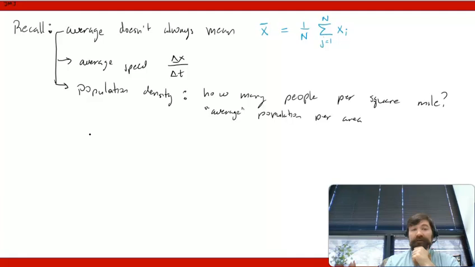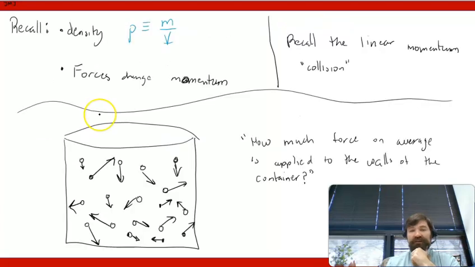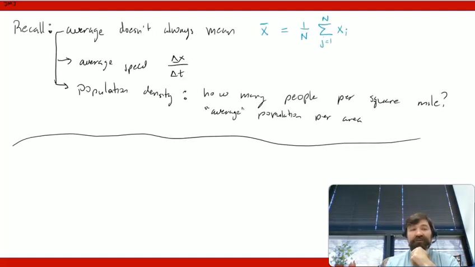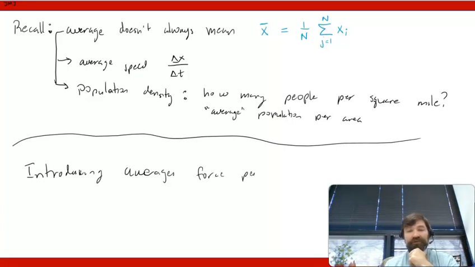So in this case, we're doing the same kind of trick to get an answer to this question: how much force on average is applied to the walls? And so what we want to do is introduce another kind of average, average force per area.